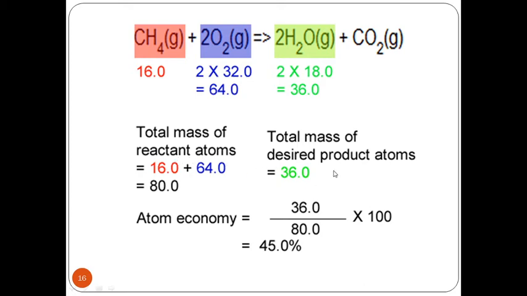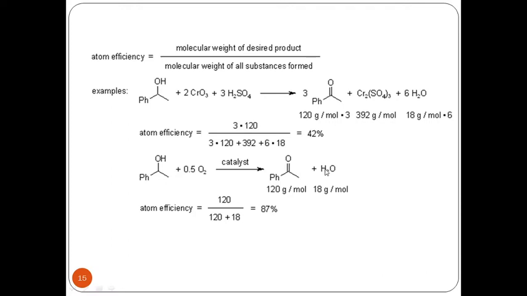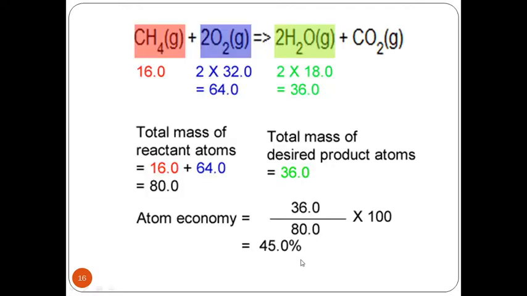What is my desired product total mass? 36 divided by 80 into 100. So 45% of my starting material is converted to final product. We are not considering any of the byproduct in this type of atom economy system. Rather than considering atom efficiency, here I am considering atom economy.